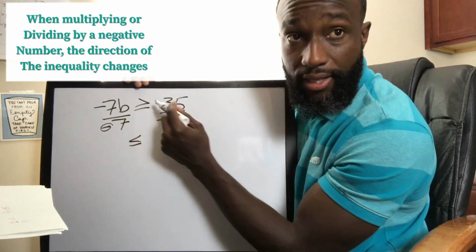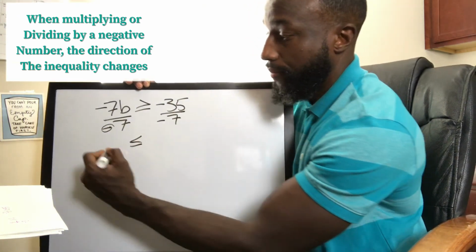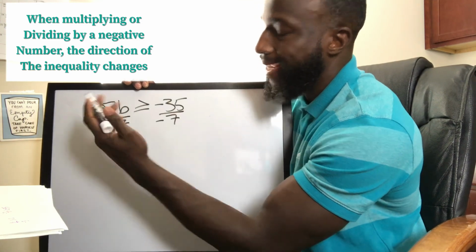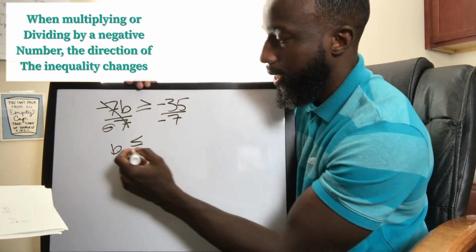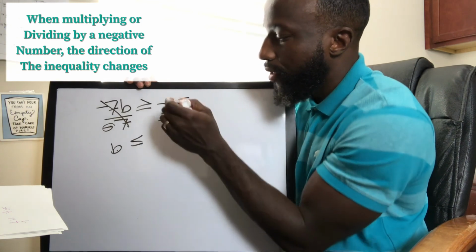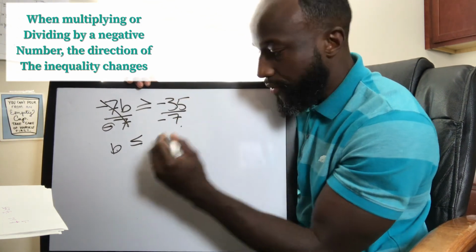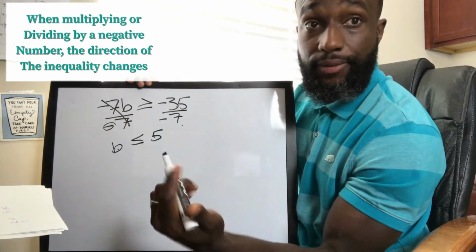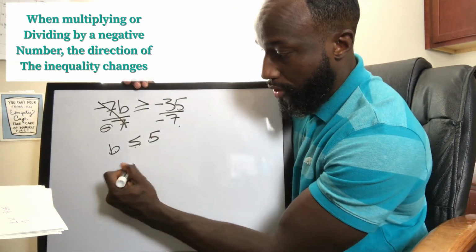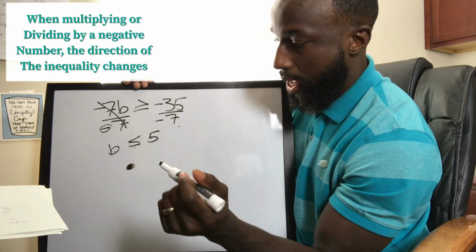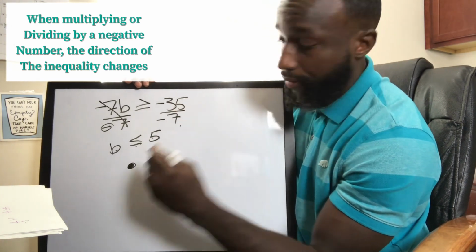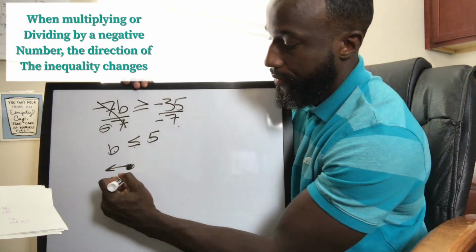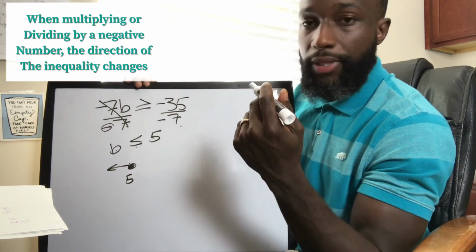Where it was greater than or equal to, it is now less than or equal to. The -7 becomes 1, so b is now less than or equal to, negative divided by negative equals a positive, +5. Graph it: closed circle and the direction of the arrow. That's pretty much it.